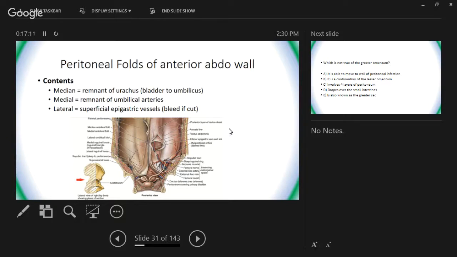And the last one, the lateral fold, contains the inferior epigastric vessels. The important thing is, if it gets cut, it'll bleed, whereas the other two are just obliterated remnants and don't carry any blood. So just remember, the lateral fold bleeds when cut because of the epigastric vessels.